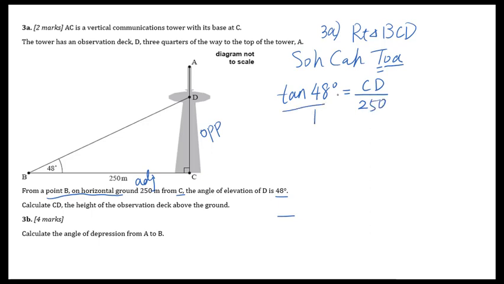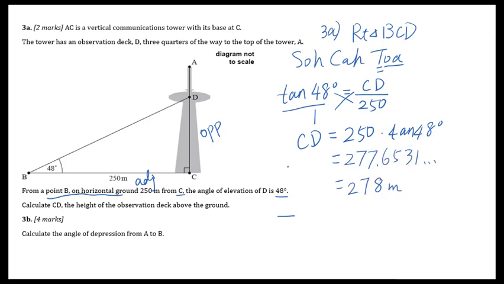This is over 1, then cross multiply. The same line with the variable goes to denominator. So we can do 250 times tangent 48 degrees. You will get 277.6531 as a full answer. It will be 278 meters as three significant figures.